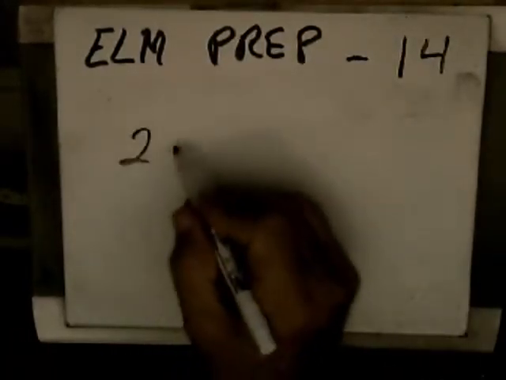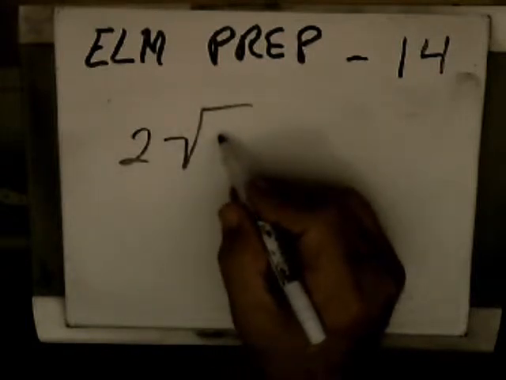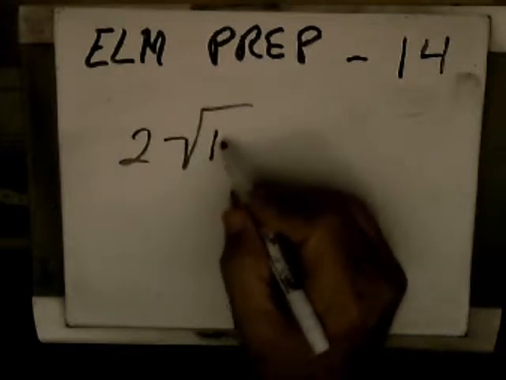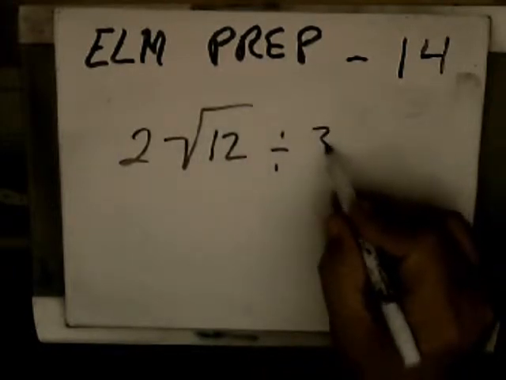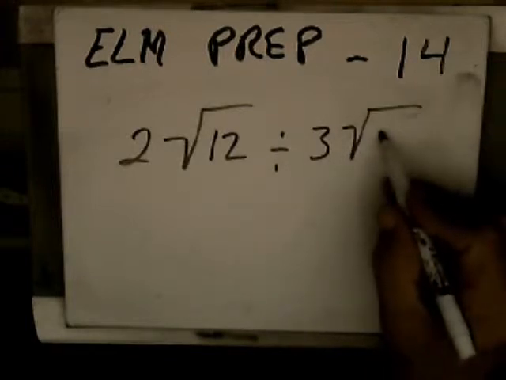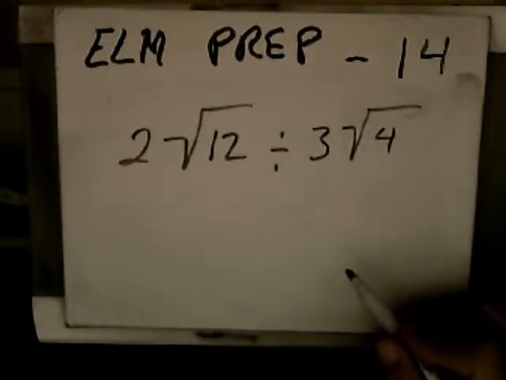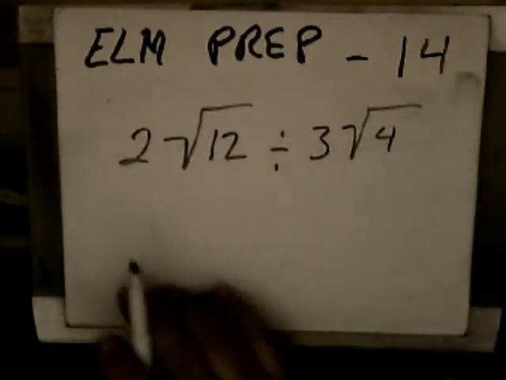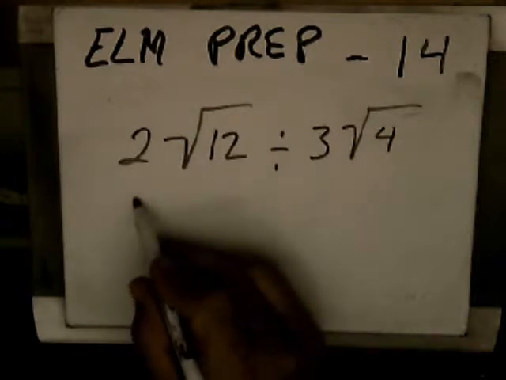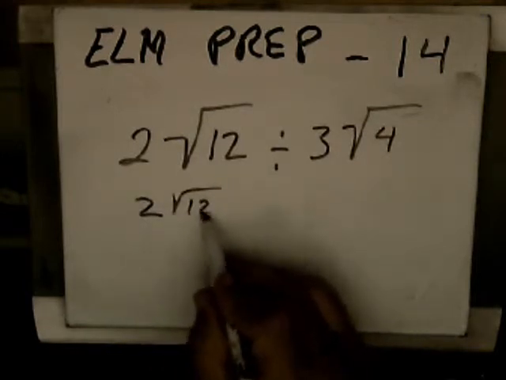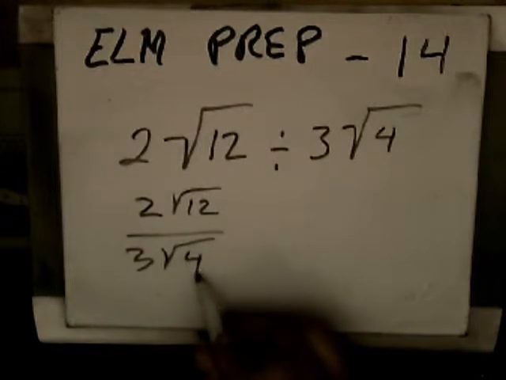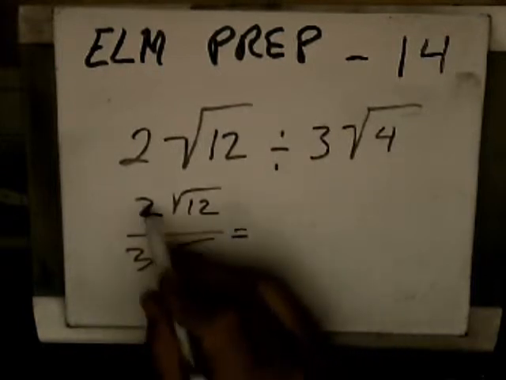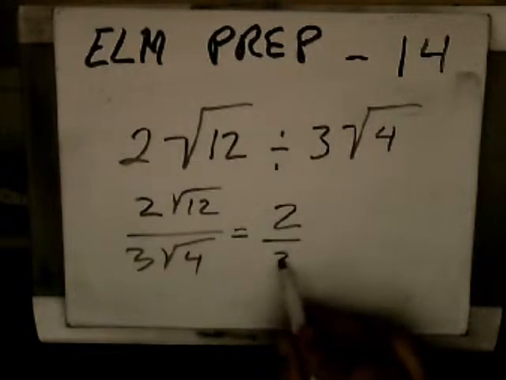Now, it is possible. Let's say we have 2 square root of 12 divided by 3 square root of 4. Well, certainly I can see I could reduce this out and I could pull some values out, but let's treat it as a division. So I'm going to rewrite this as 2 square root of 12 over 3 square root of 4, and I can't reduce my 2/3, so I have that.